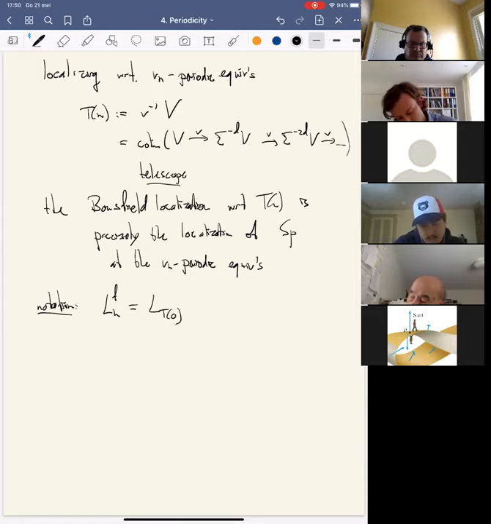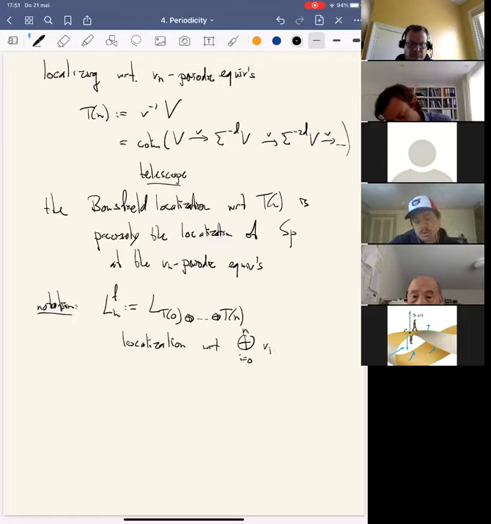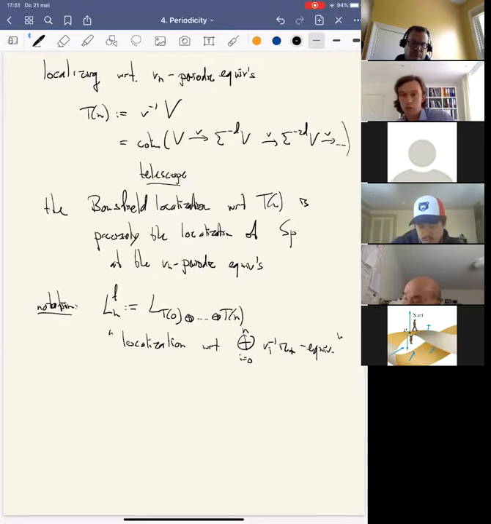By definition, that's just a localization with respect to the sum of these up to n. So this is the localization with respect to, or here's one way to write it, Vi periodic homotopy groups for i going from 0 up to n. It's maybe slightly informally formulated, but I hope it's clear what I mean.